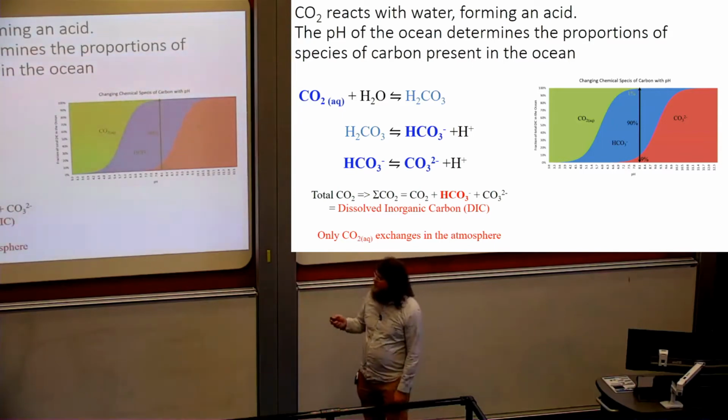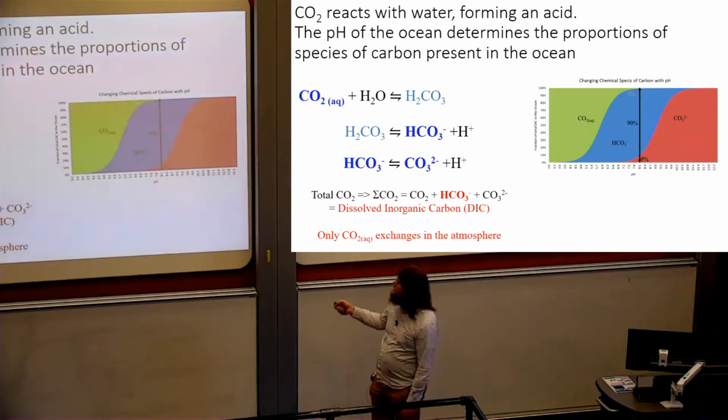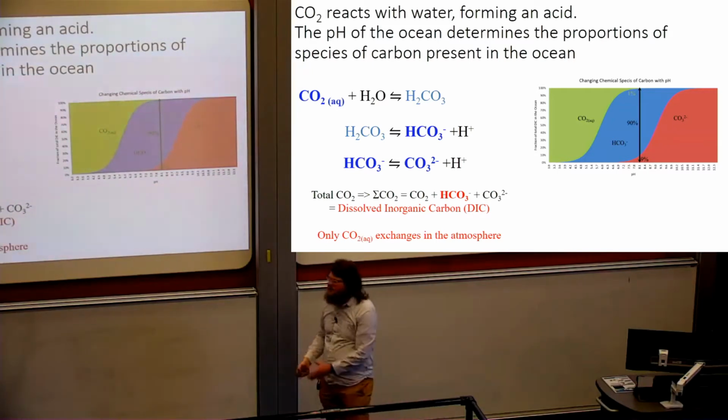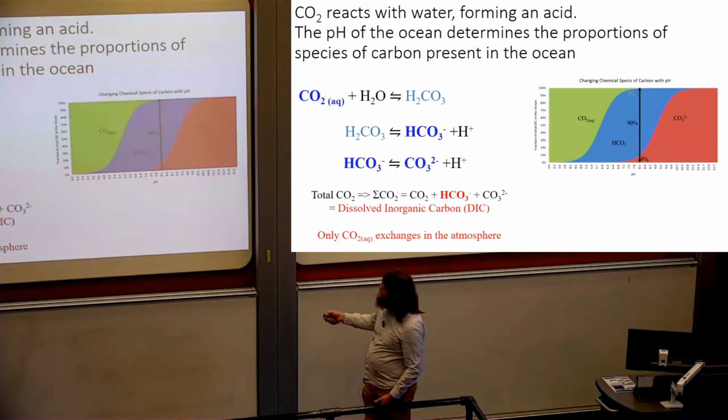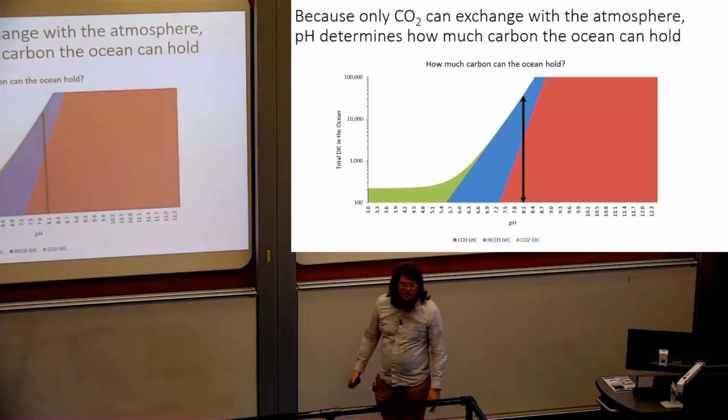So the important thing, hopefully you remember from the slide before, is that only CO2 can interact with the atmosphere. So the more of the carbon that is in these blue and red forms, the more we can lock away in the ocean. So if we, instead of looking at, on the y-axis here, the relative proportions of each of the carbon species, if we now look at the total amounts, that's this plot.